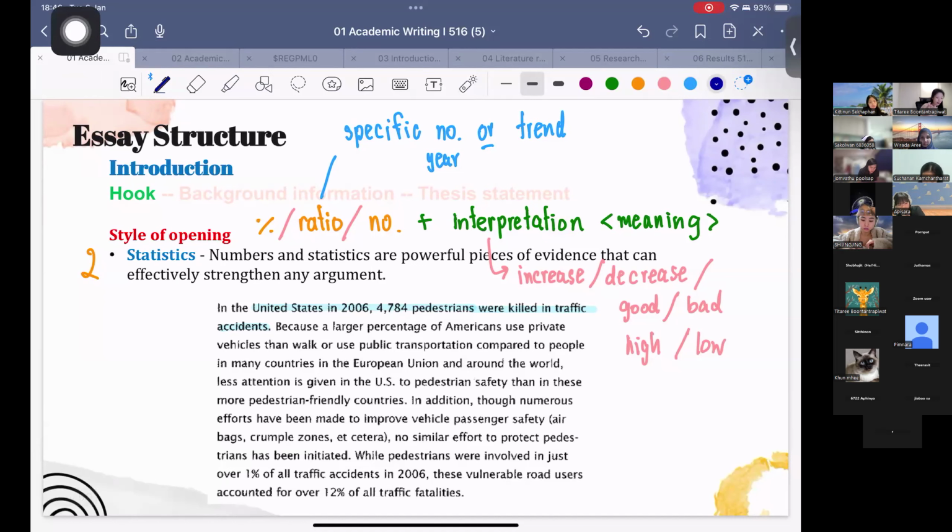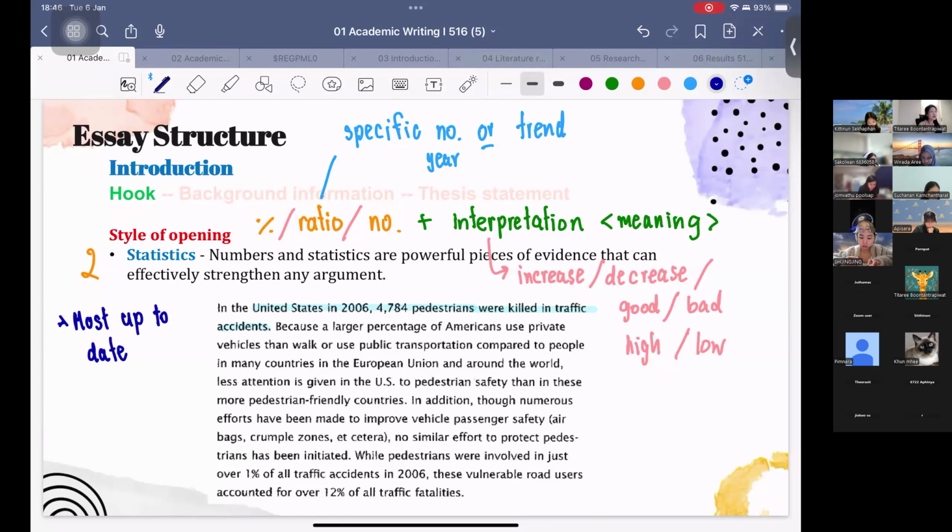Another thing about the number is that, especially when you include the number in the introductions, if you include a number, evidence, or stats in your introduction, this number should be the most up to date as much as possible.